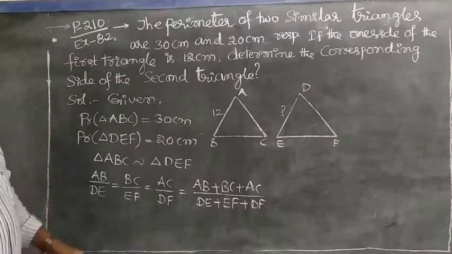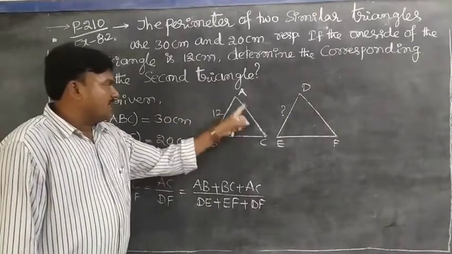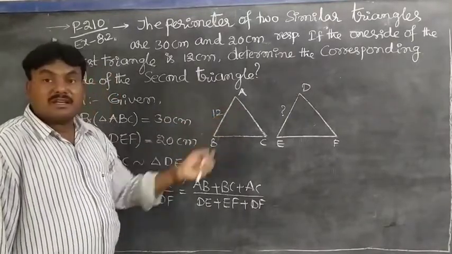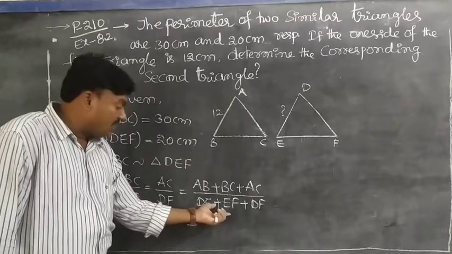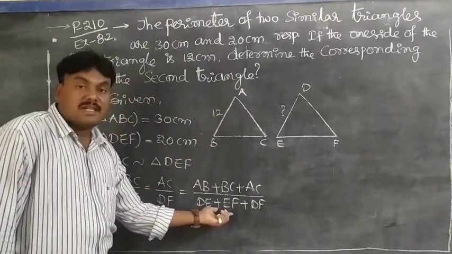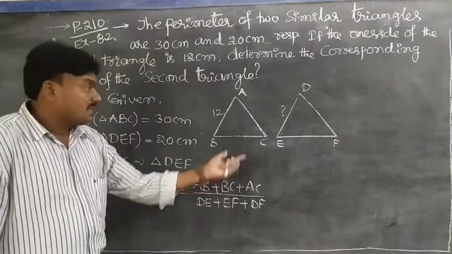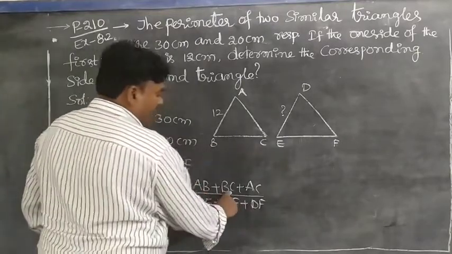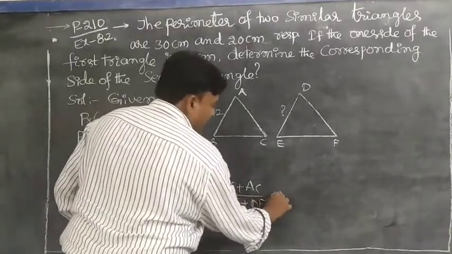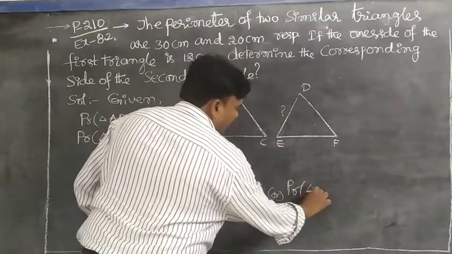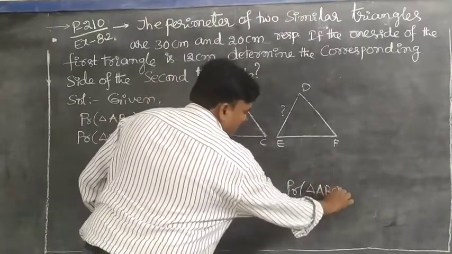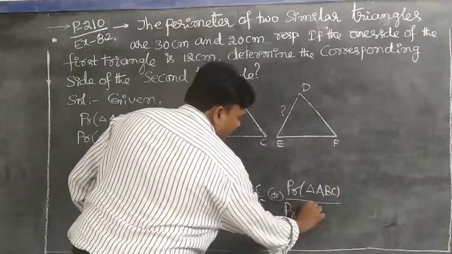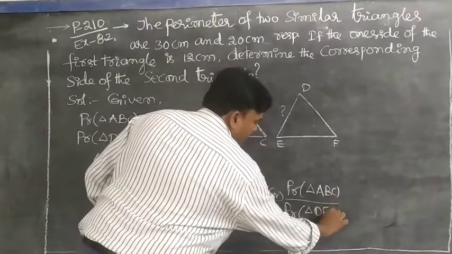We know that AB plus BC plus AC is nothing but the perimeter of the first triangle, and the denominator is also the sum of the sides, that means the perimeter of the second triangle. So it is the perimeter of triangle ABC by the perimeter of triangle DEF.